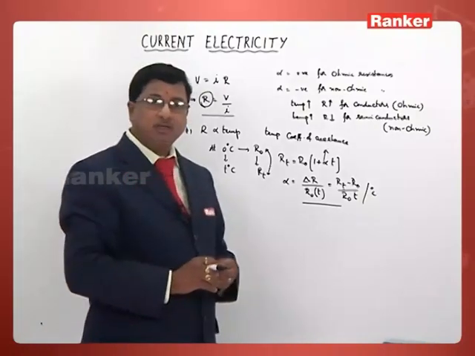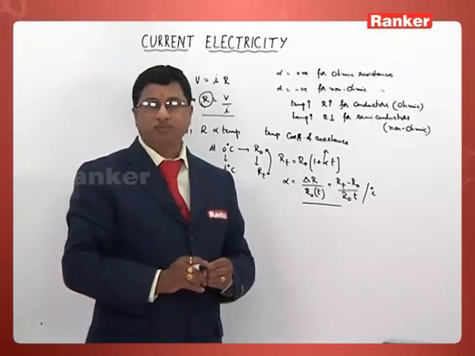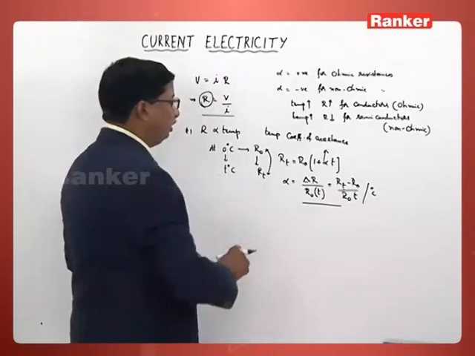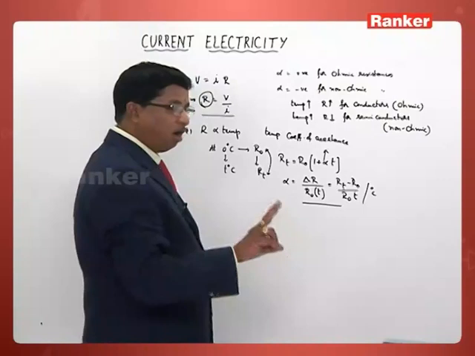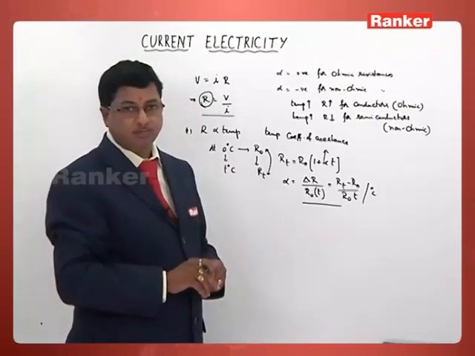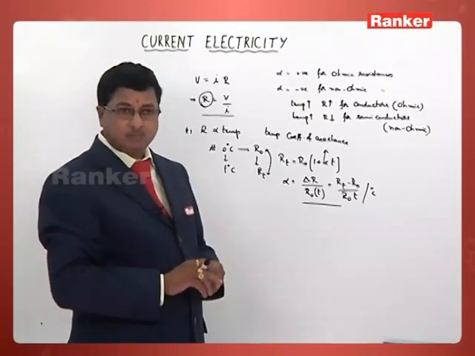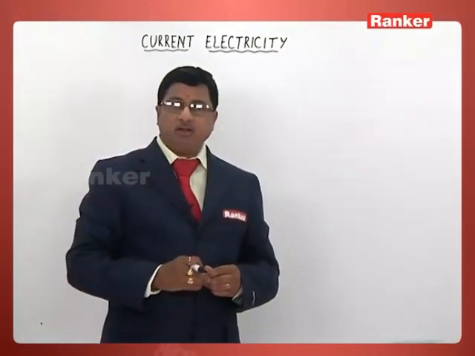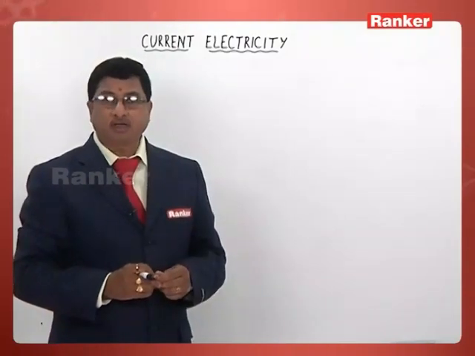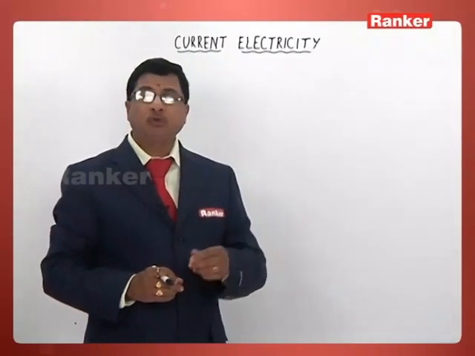Not by considering the effect of temperature there. In fact, we all know very well, resistance depends mainly on two factors as far as the conductor is concerned. What are those two factors? Resistance of a conductor depends mainly on two factors. What are those two?